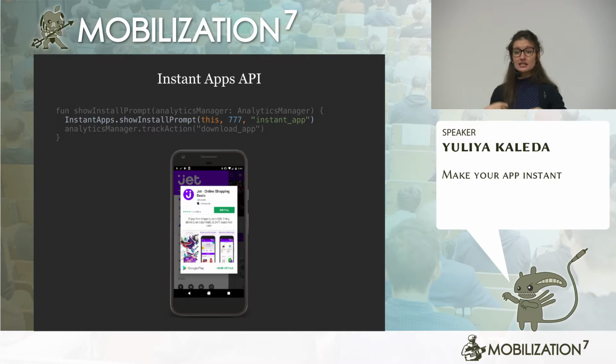Once the user starts engaging with the Instant App and you've attracted the user's attention, you can show them a dialogue and tell them, if you want to keep using this application, please install it. It's a really nice tool to engage users and bring more users into your installable application. Find the most attractive feature in your application, build an Instant App for that, and then start bringing your users into the installable application if this is your goal.